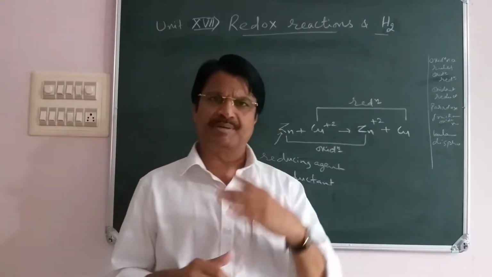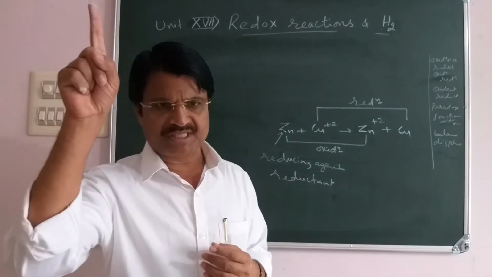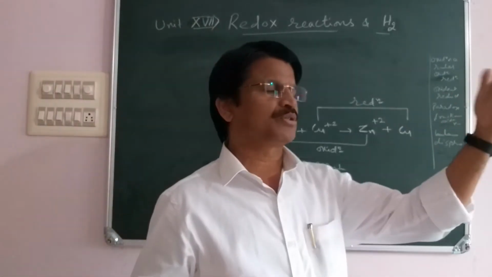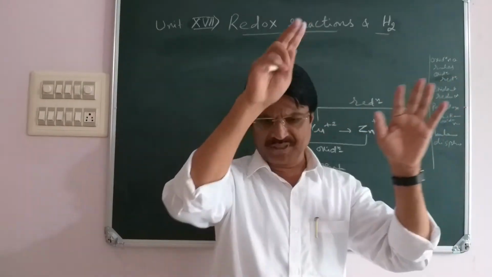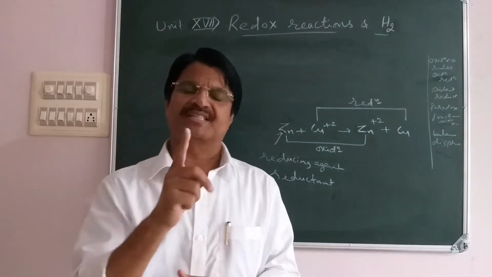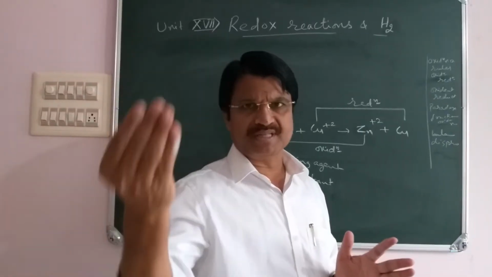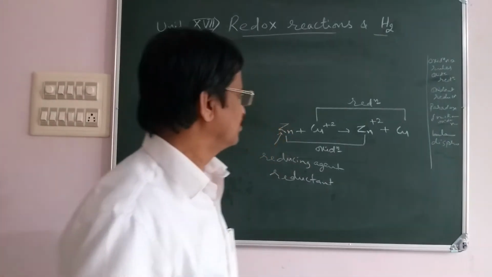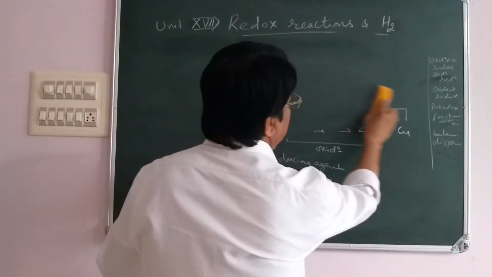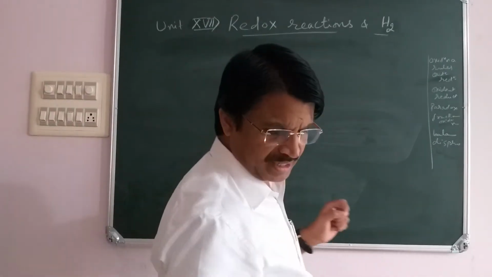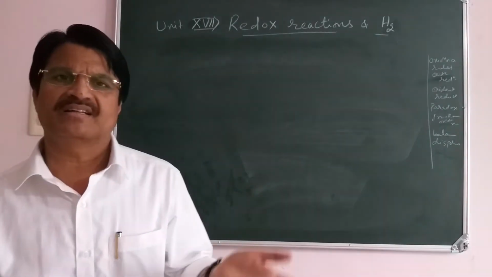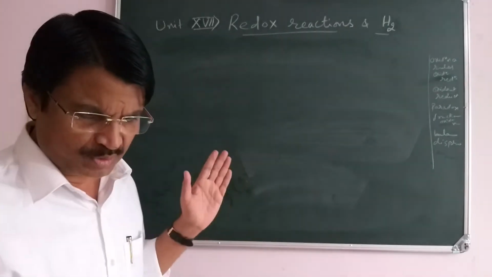In KMnO4, Mn is plus 7, and in Mn plus 2 it is plus 2, a decrease in oxidation number, which is reduction. So MnO4 undergoes reduction, therefore potassium permanganate is said to be oxidizing agent. Like this we can study oxidant, reductant, oxidizing agent, reducing agent, and what is meant by oxidation and reduction.